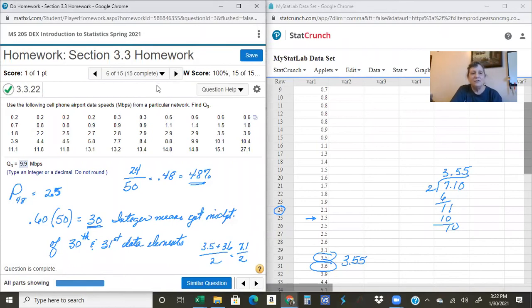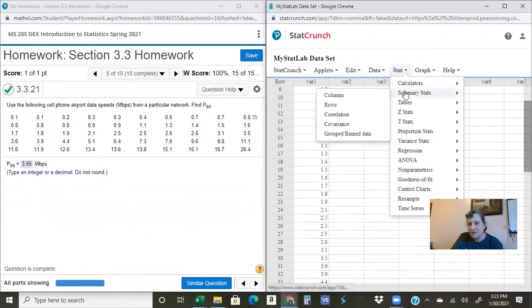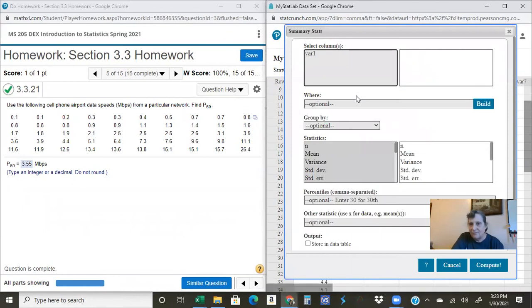However, I would like to show you, it changed to the next problem. I would like to show you, let me go back. I would like to show you how to do this in StatCrunch. If I go ahead and go to my summary stats, it's in columns. Select the first column.